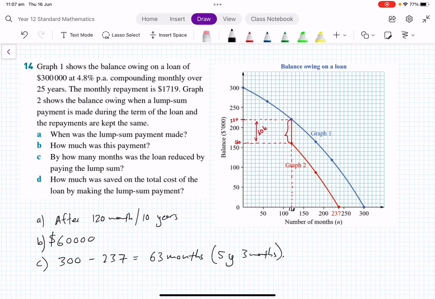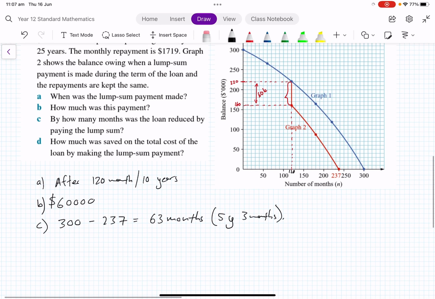Now, how much was saved on the total cost of the loan by making the lump sum payment? Again, we need to do a bit of calculation for this. This is part D. Graph 1 is straightforward.